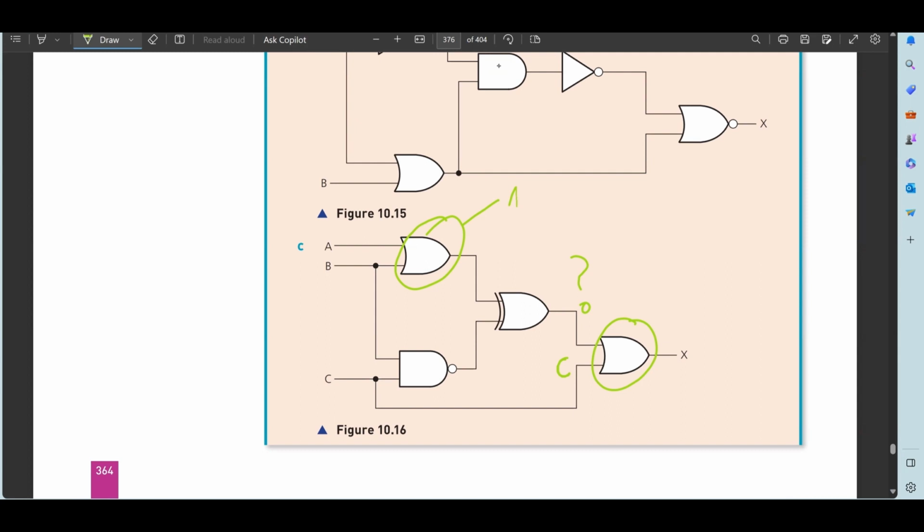So this is A or B, then the bottom one is A NAND B, as both of the inputs are now there to go into the XOR, so we can have question mark equal to A or B.